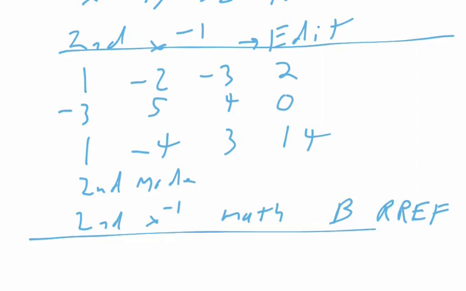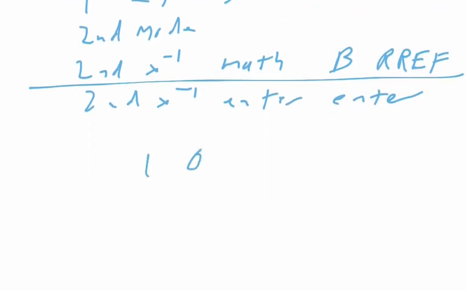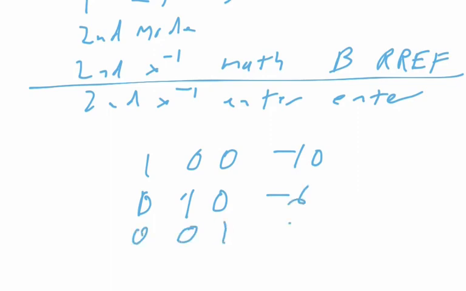And then second, x negative 1, enter, enter, and you should see 1, 0, 0, negative 10, 0, 1, 0, negative 6, and 0, 0, 1, 0. Which means we have the answer of negative 10, negative 6, and 0. And that's it for that particular problem.